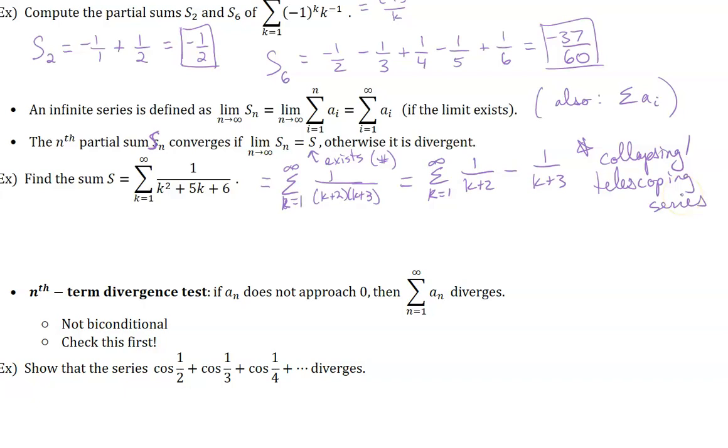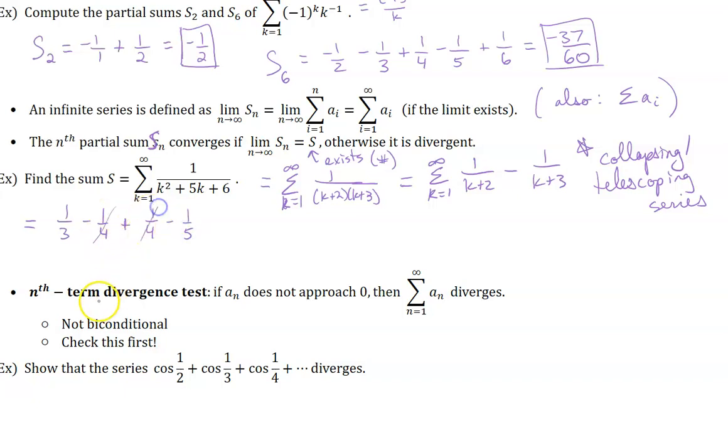The way that we evaluate this is we start writing out terms and we look for a pattern. If I start plugging in values for k, if I plug in 1, I get 1 over 3 minus 1 over 4, so that's my first term, plus the next term when k equals 2, 1 over 4 minus 1 over 5.